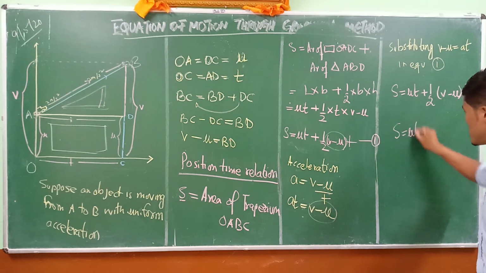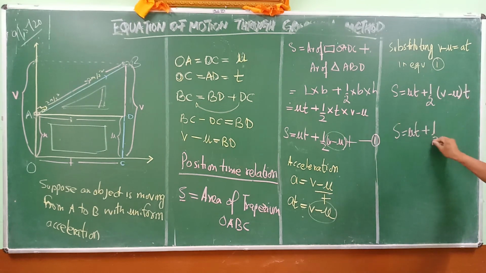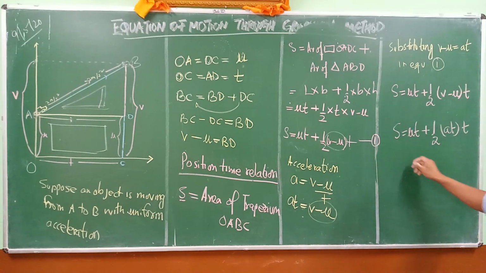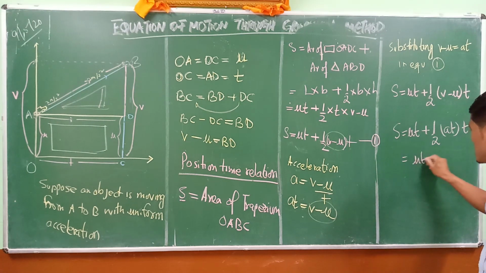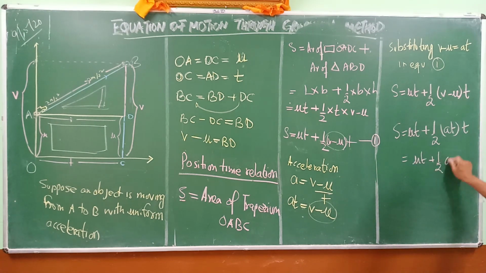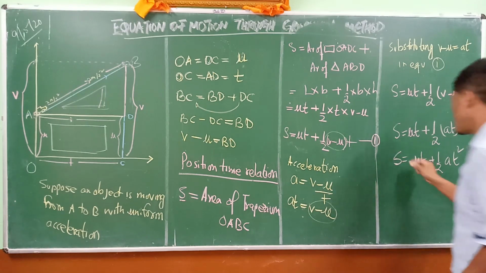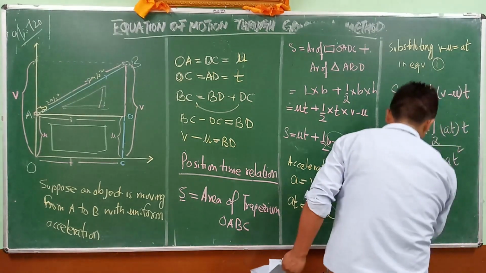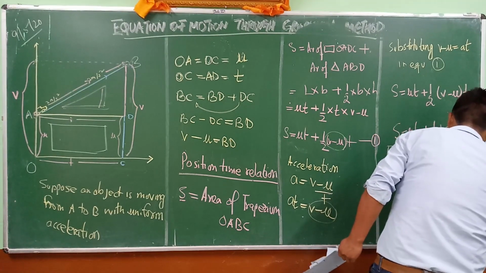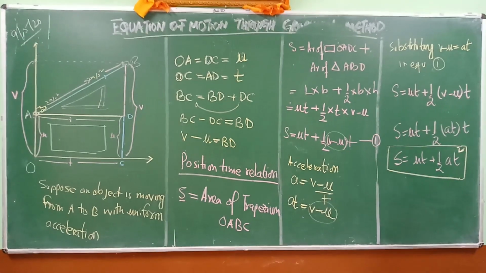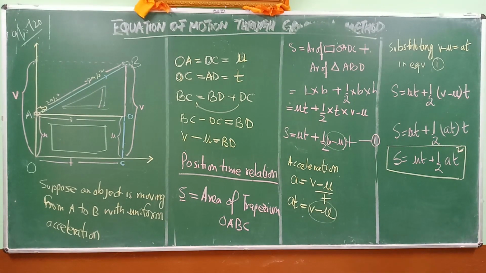S is equal to UT plus half AT into T. This TT you can multiply: UT plus half AT square. This is S. This is the second equation of motion. Do you understand?